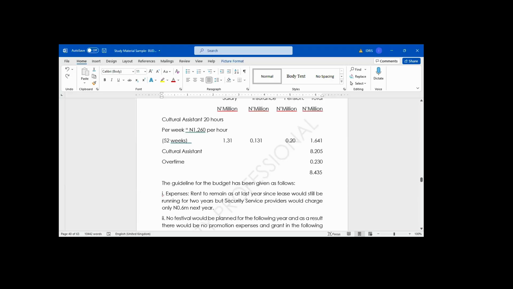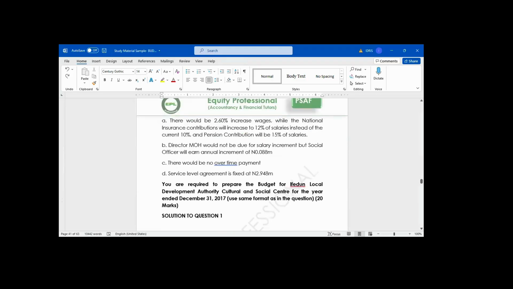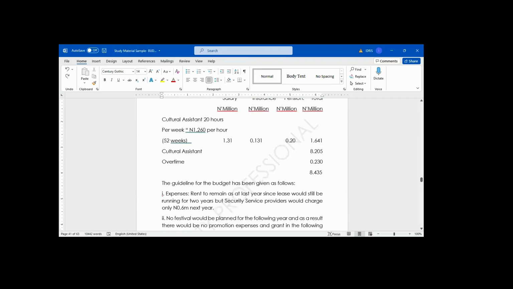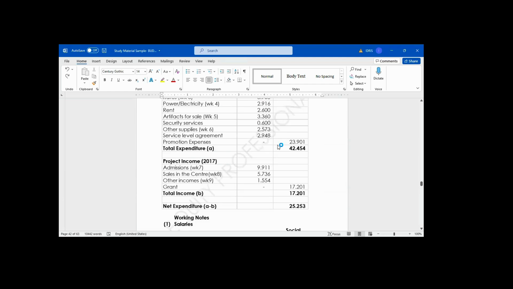Note 6D. So service level agreement is fixed as what? 2.948. So in the question, just put 2.948 for 2017.